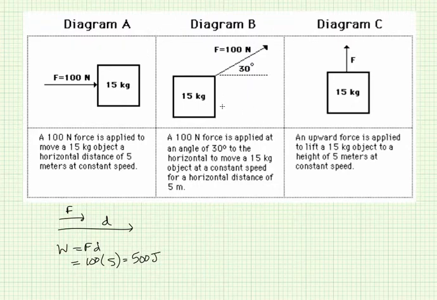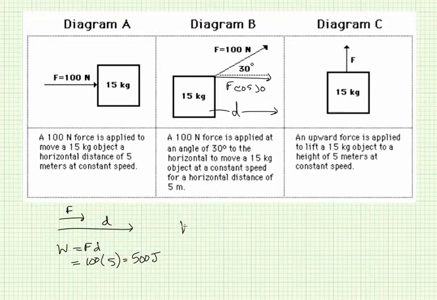Now in the second case, instead of applying that force perfectly horizontally, we're now doing it at an angle. Since my displacement is still 5 meters to the right, I only want the component of the force that's parallel with the displacement. So in this case, I want the component F cosine of my angle, which is 30.